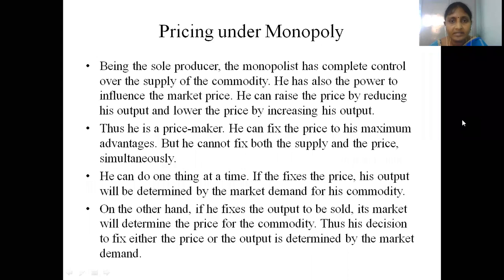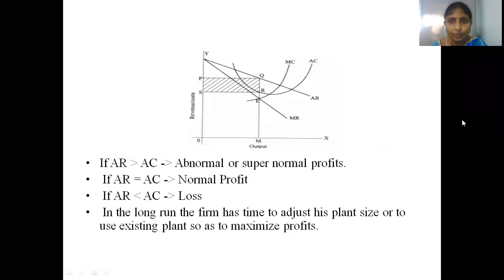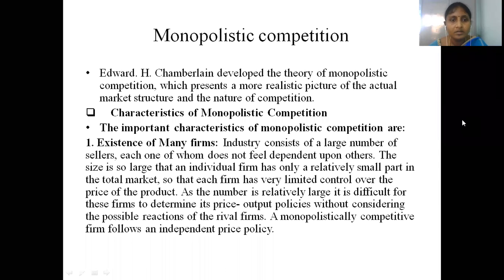In the previous class, we discussed monopolistic competition. What are the characteristics of monopolistic competition? In monopolistic competition also there are many firms. In real life, whatever firms we come across in the market are all monopolistic firms only.